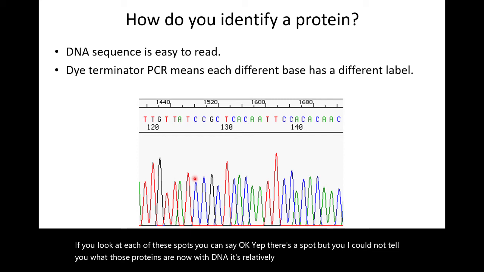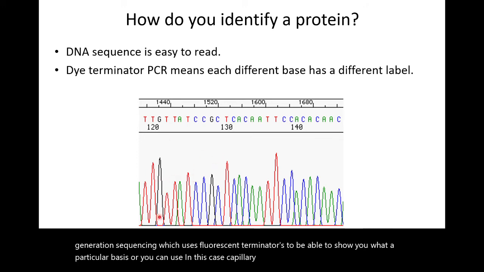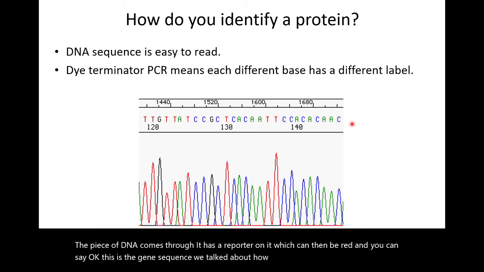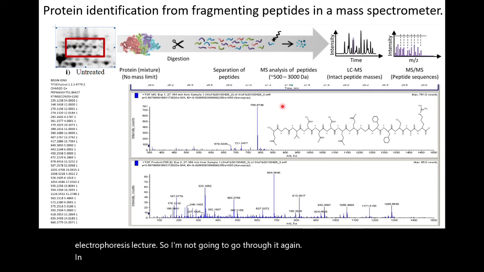You can either use next generation sequencing, which uses fluorescent terminators to show you what a particular base is, or you can use, in this case, capillary electrophoresis, where the piece of DNA comes through, it has a reporter on it, which can then be read, and you can say, okay, well, this is the gene sequence. We talked about how dye terminator PCR works in the electrophoresis lecture, so I'm not going to go through it again. For identifying proteins, we rely on mass spectrometry to identify what our proteins are.